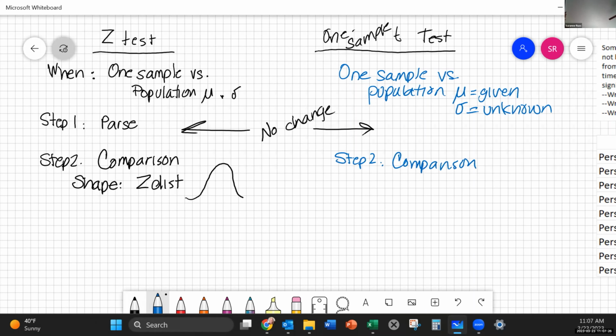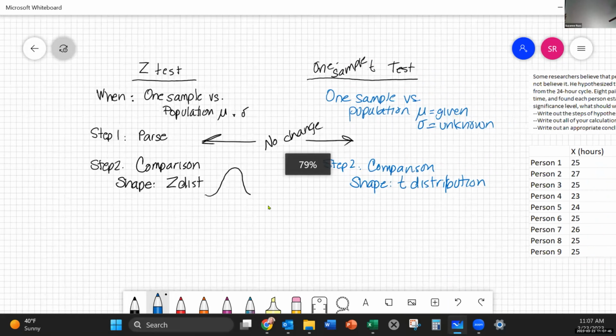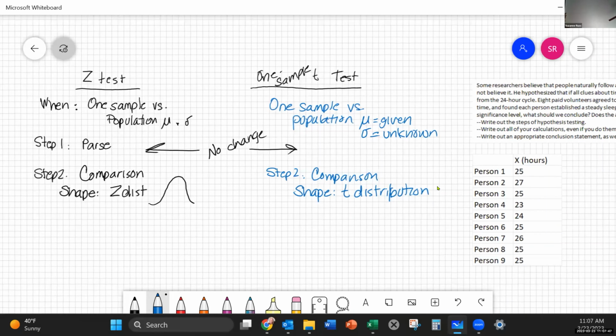The shape here is the t distribution. And the t distribution is a little bit different in the sense that it looks very much like the z distribution when n is big.